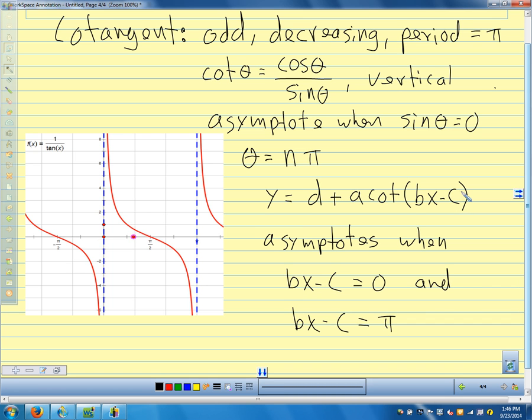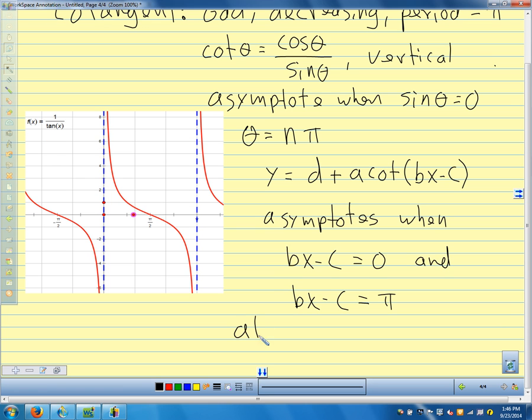All the other information that we said about the tangent function is exactly the same. And then we got our points, our y equals plus or minus a, halfway between the intercepts and the asymptotes. The intercept is halfway between the asymptotes. All that information is the same.